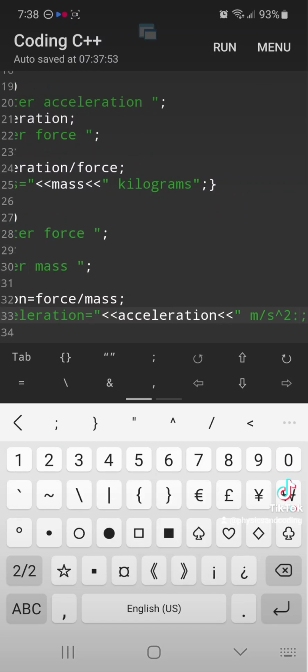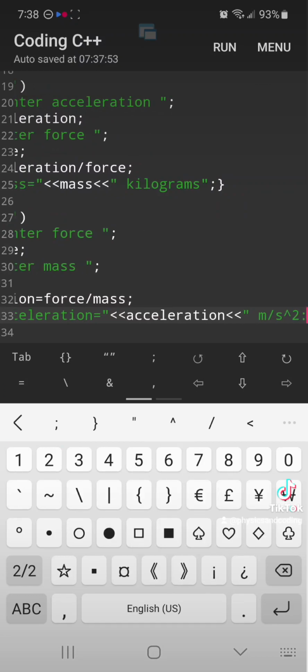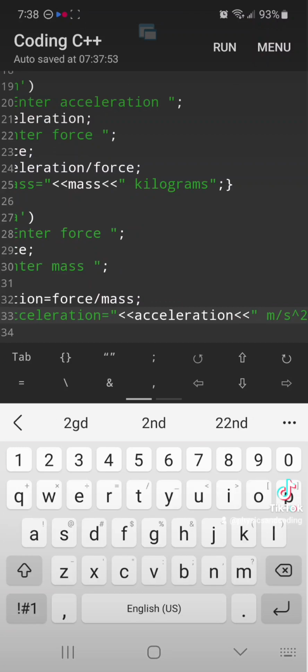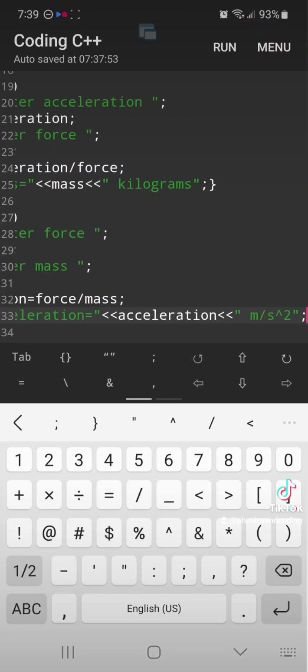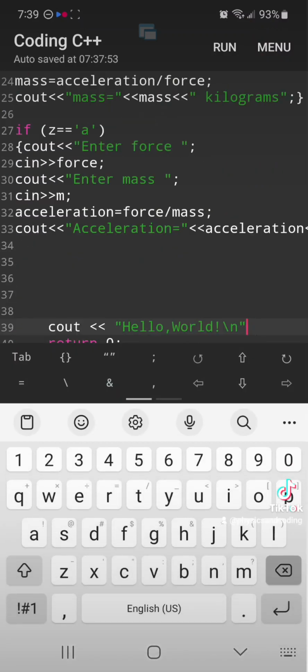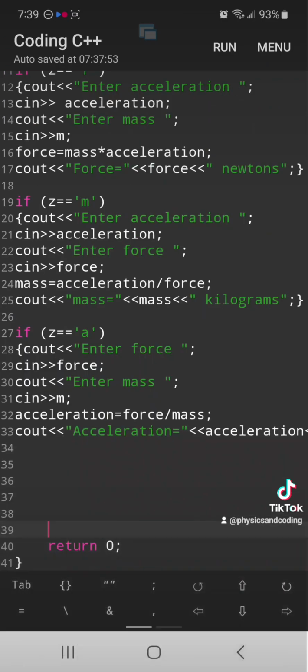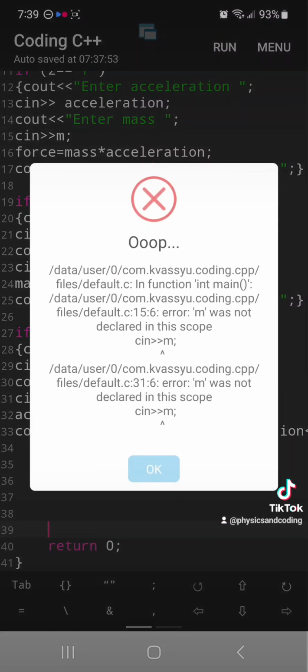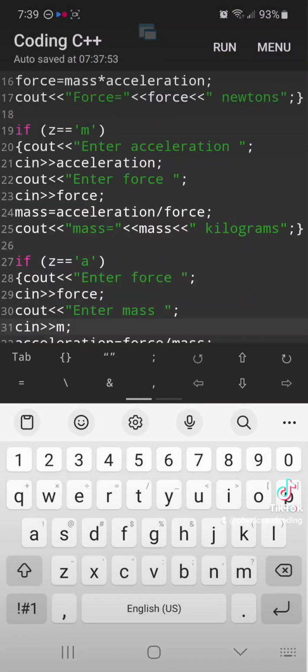And then end off that if statement, and then everything should be done. Okay, so this is supposed to be mass.